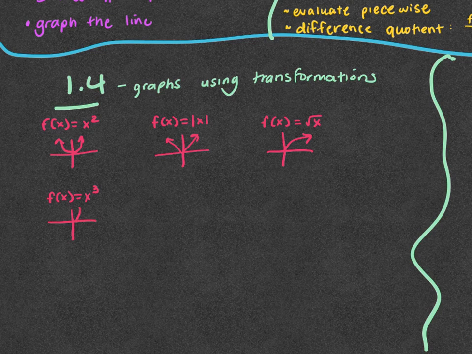Cubic function points up to the right, down to the left. What am I missing? 1/x is your reciprocal function. It has two little curves, top right, bottom left. Cube root.